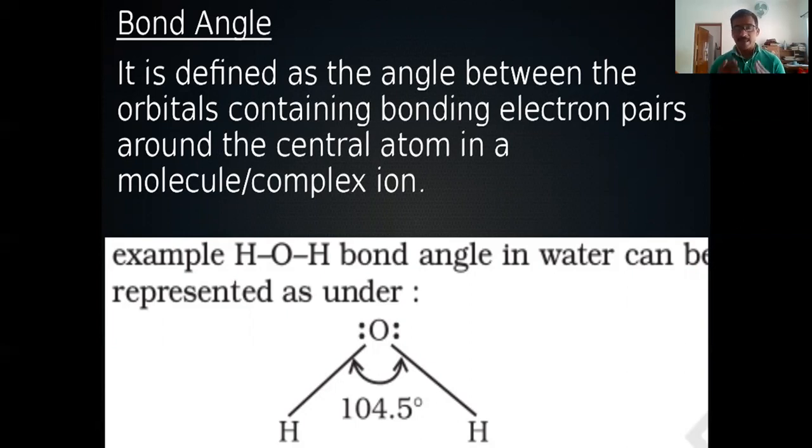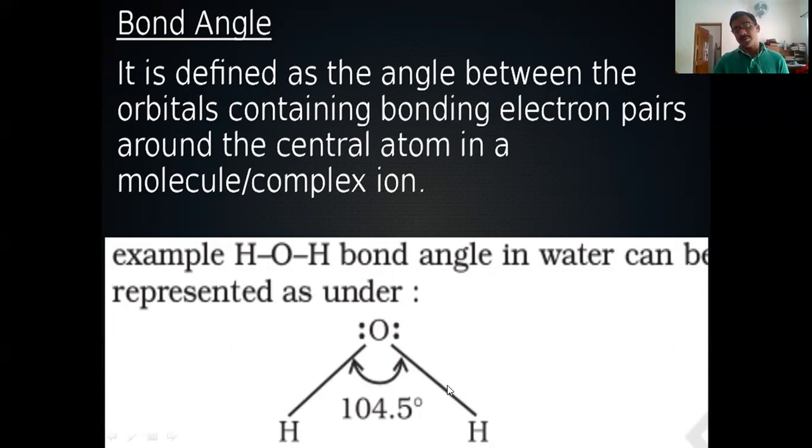If you feel any difficulty to write this, just draw an example and show what is bond angle. So you can see the angle between two adjacent bonds in a molecule. Simply we can say it is the angle between two adjacent bonds in a molecule.